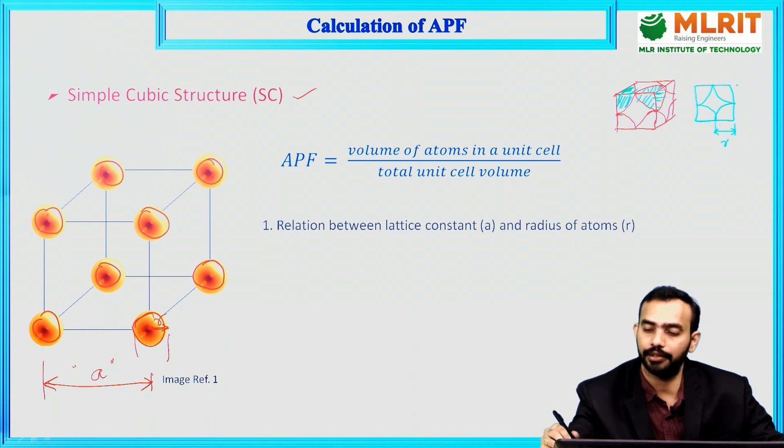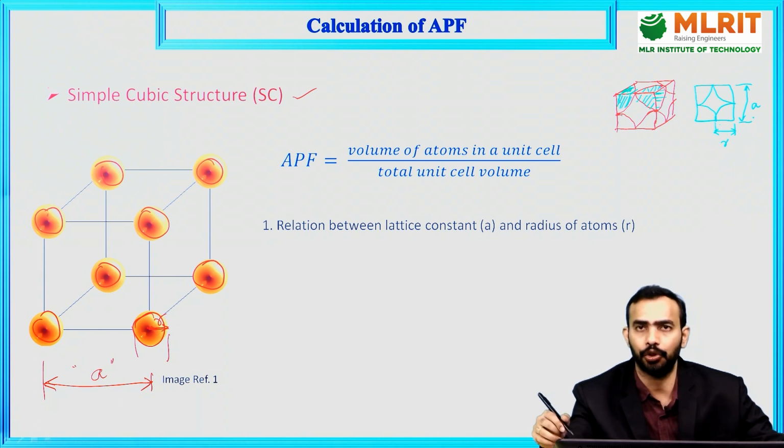This is the radius, and this is your lattice constant. Since it is a cube, all sides are equal, so the lattice constant will remain the same. So this is R, and this is also R, so the total is 2R.